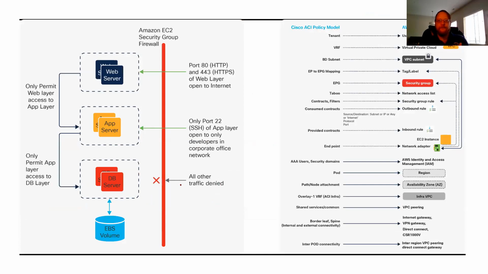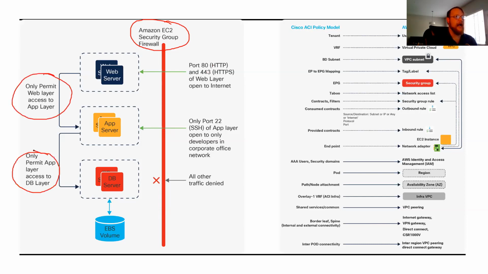So here it is. Excuse me, one moment here. Let's look at your EC2 instance and your security group firewall. What they're doing is creating these contracts, which isn't really what we use. We call them security group rules, right? And then we also have our EPGs. Those are called security groups, right?